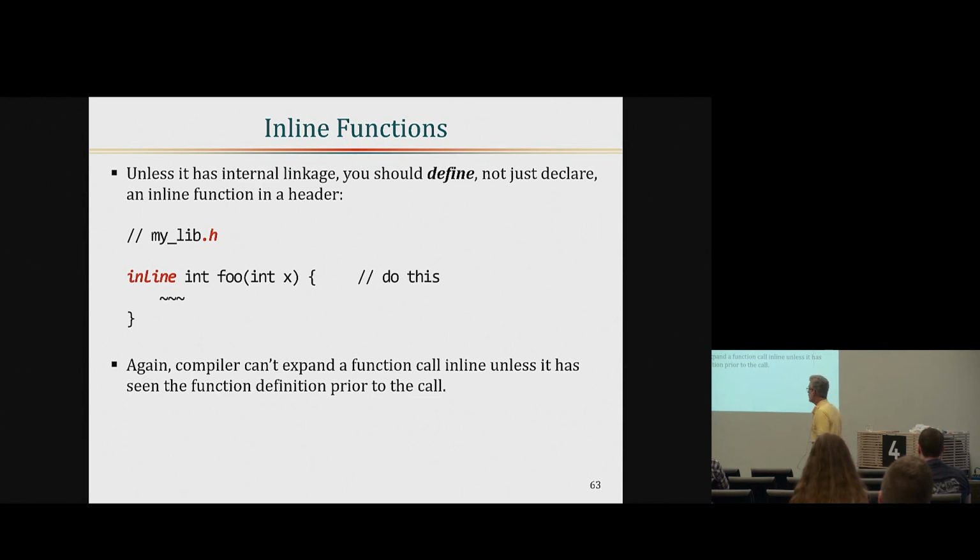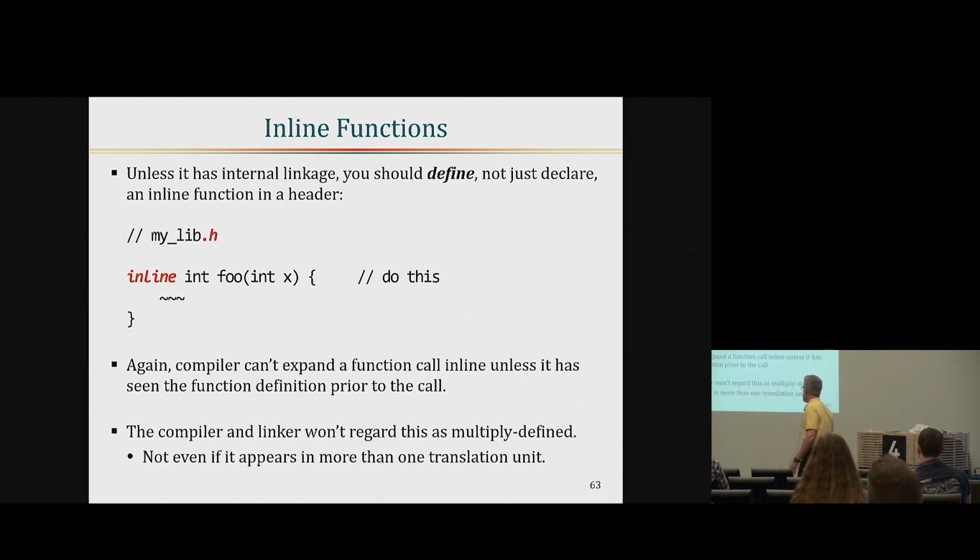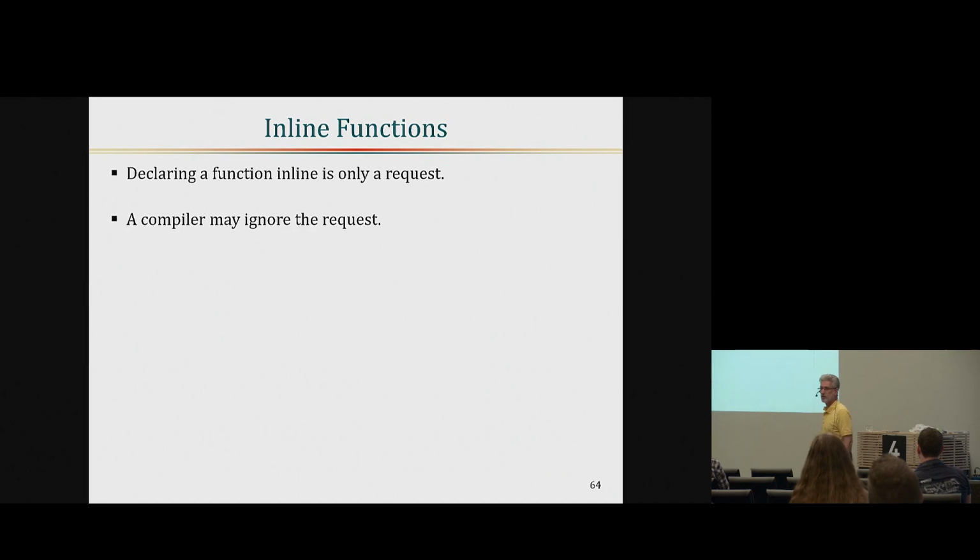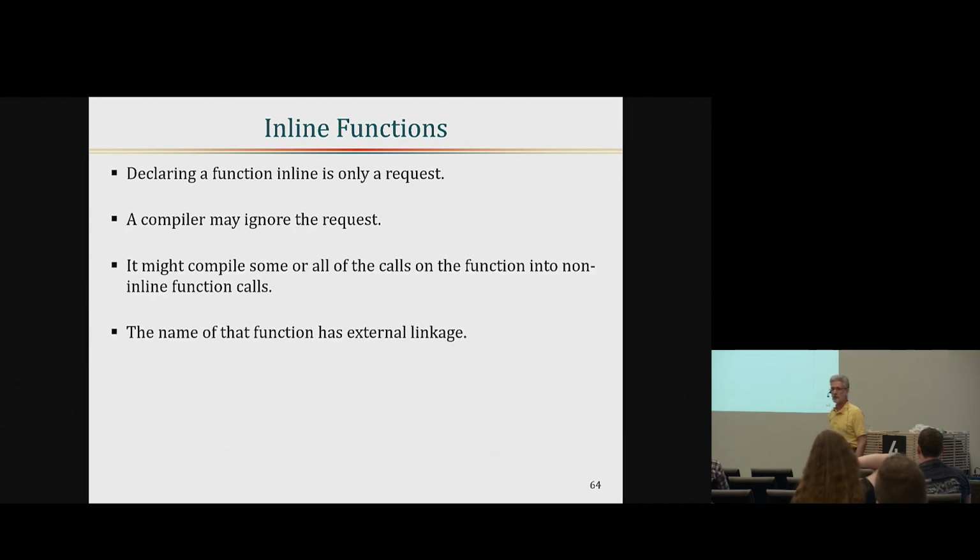And now, what happens if the compiler says, but I'm not going to inline it? Because inlining is only a request, it's not a mandate. What will happen is the compiler will compile non-inline calls into calls with external linkage. And it will then say the copy that I generate of the non-inline function, there will only be one and everybody goes to the same spot.